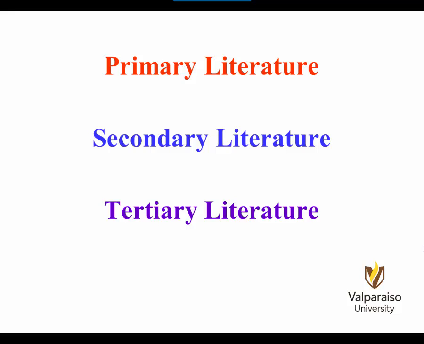Secondary literature is one step away from the primary literature. Secondary literature often describes, summarizes, or distills the primary literature. For example, in the field of law, the primary literature consists of the laws themselves and the documents created that led up to the enactment of the law. The secondary literature would be a journal article or a book about that law.